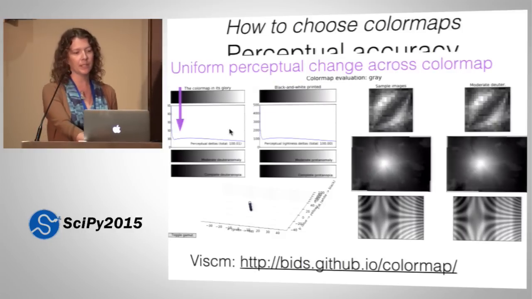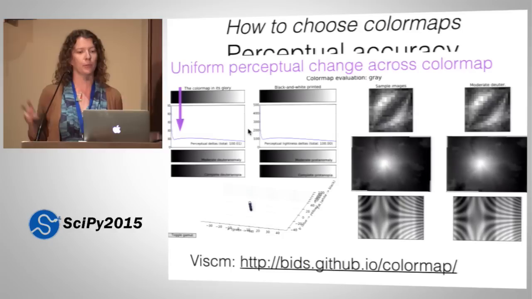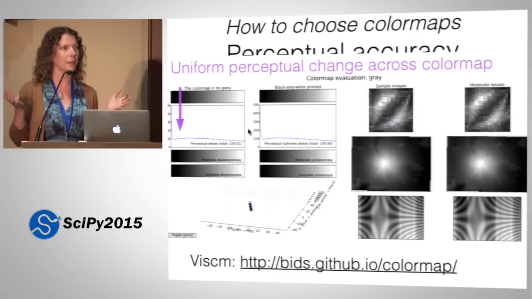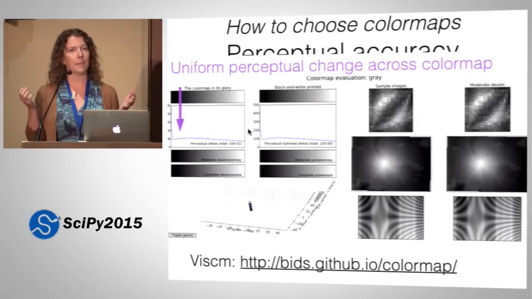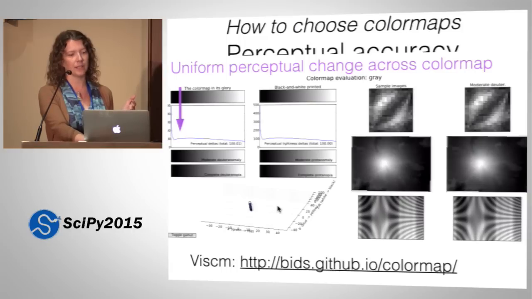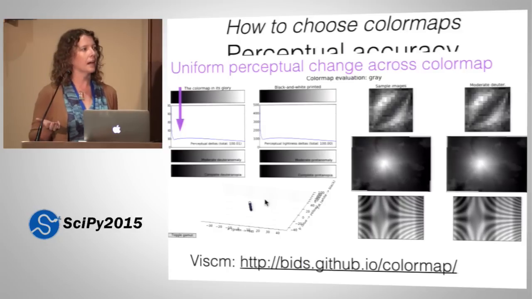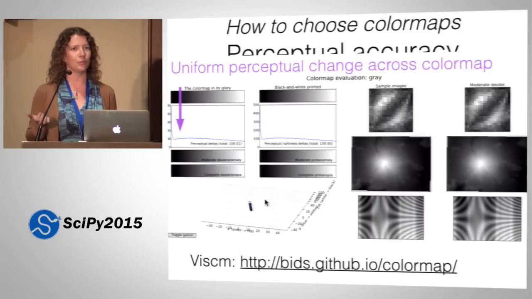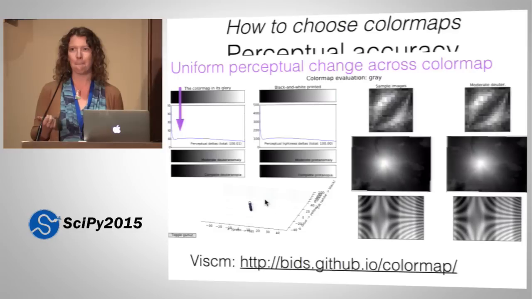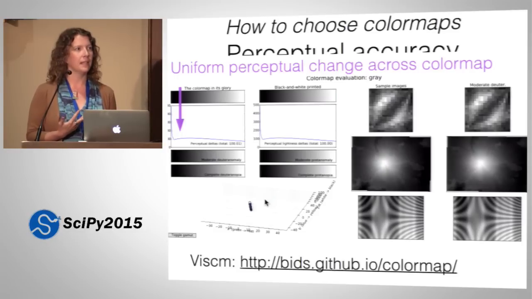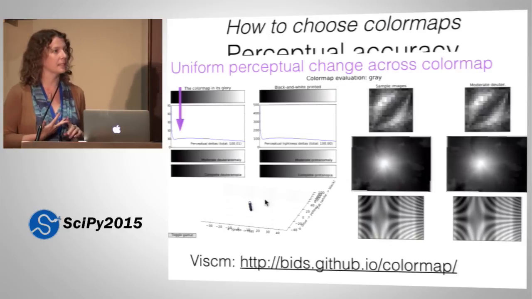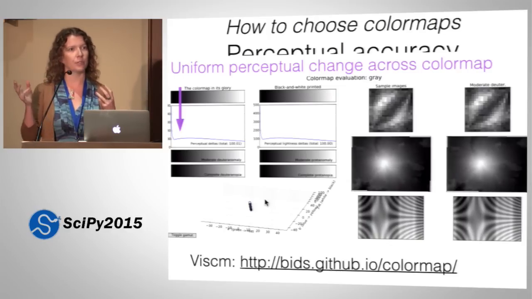And this plot here is showing the perceptual change across the color map. And so what we're thinking about here is the color space used to represent color, in this case, CAM02UCS, I believe is the name, has this great property where the Euclidean distance in color space is equivalent to our perceptual distance or perceptual changes for people.